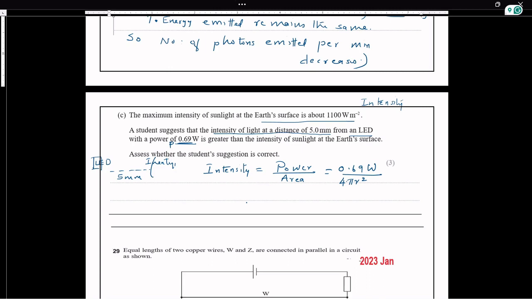Here the distance 5 millimeter is given, so that distance will come as the radius, because with 4 pi r square we are calculating the surface area.